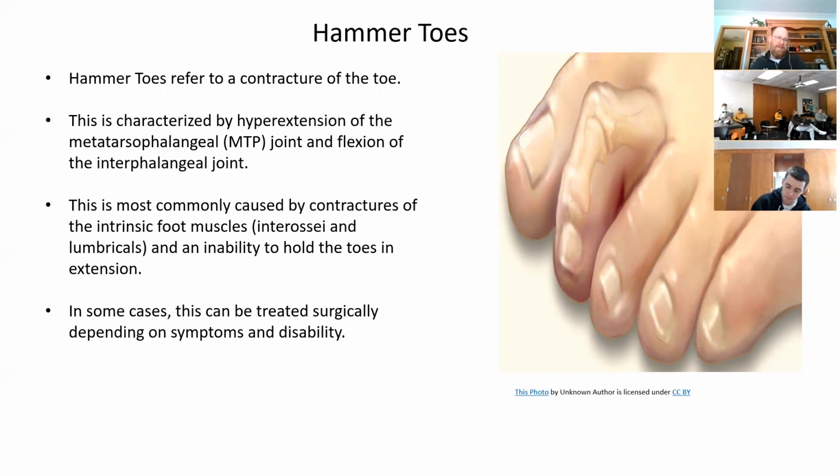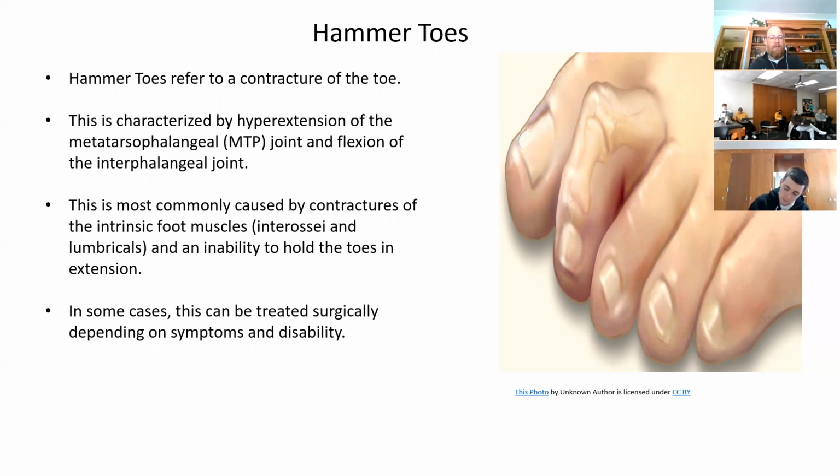So what causes this? This is most often caused by contractures within the intrinsic muscles of the foot, so the interossei and the lumbrical muscles. When I say contractures, these muscles in the foot become shortened and tight. When those muscles shorten and become tight, people develop an inability to both abduct the toes and maintain the toes in a position of extension.